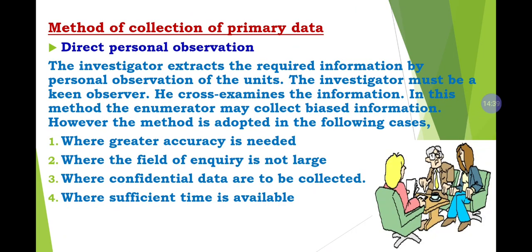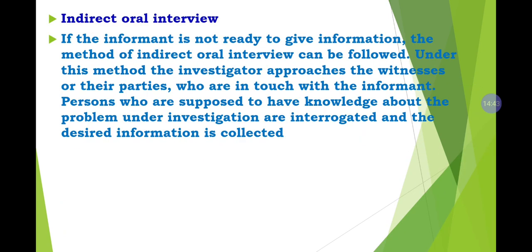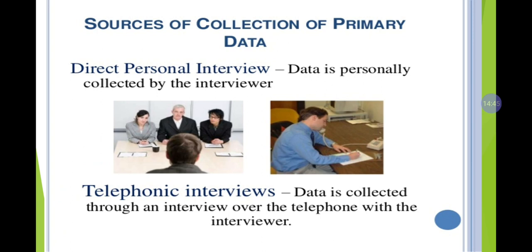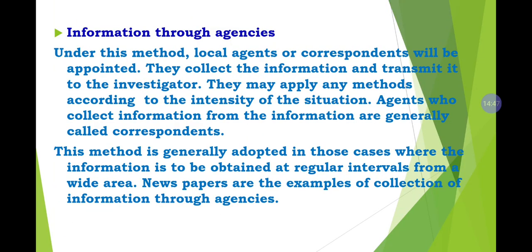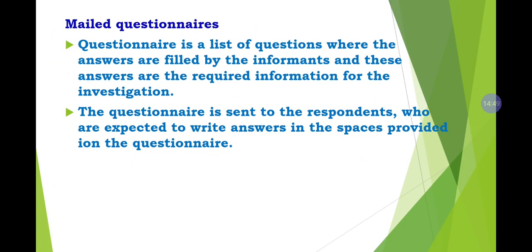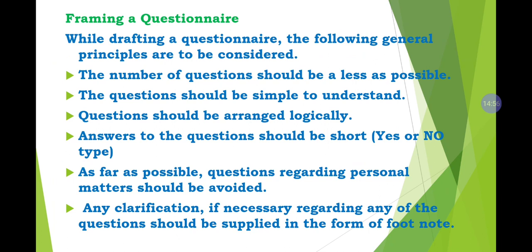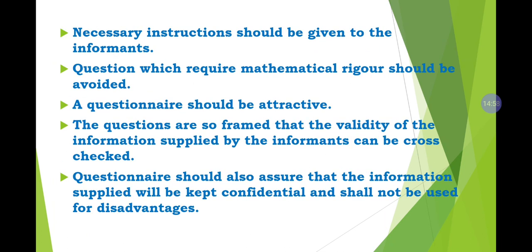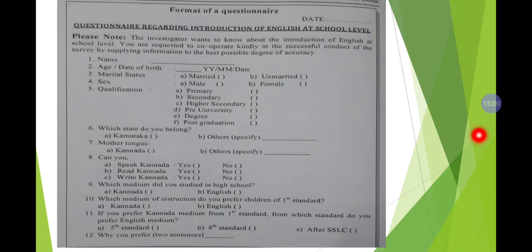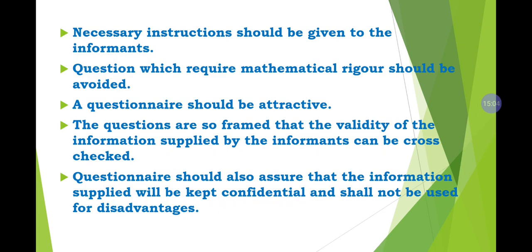Under primary data we saw the methods: direct personal observation, direct oral interview, information through agency, mail questionnaire, schedule sent through enumerator, framing a questionnaire, and the sampling of the questionnaire.